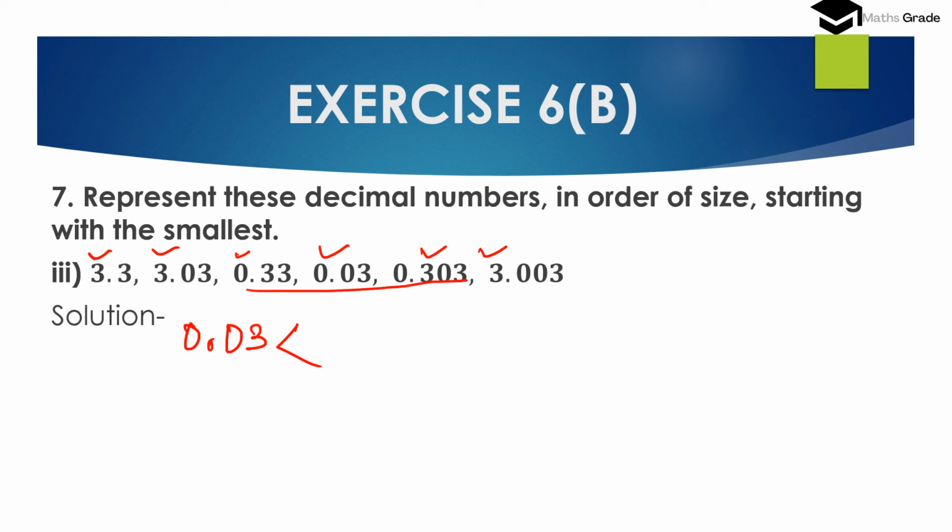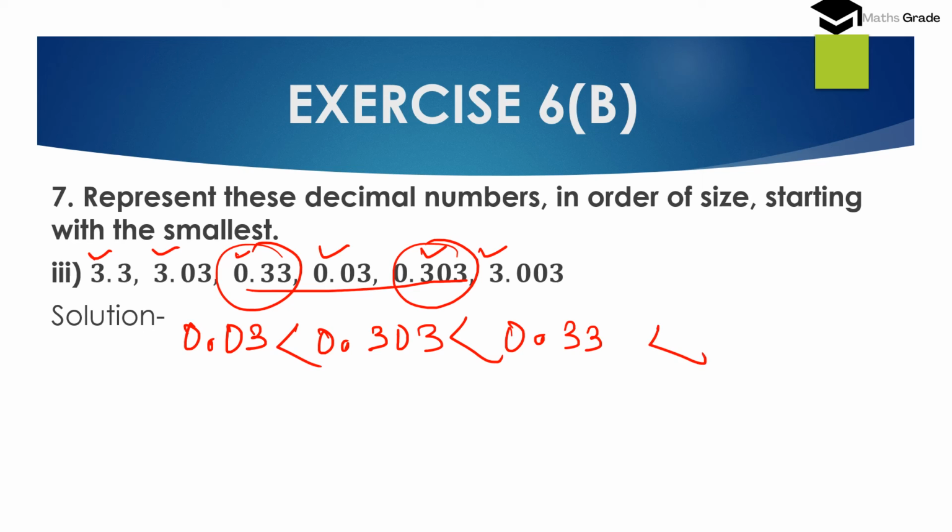Now compare 0.33 and 0.303. In the 100th place, 3 is in the 100th place in one and 0 is in the 100th place in the other. So 0 is the smaller digit. So 0.303 is the smaller decimal. Then 0.33.